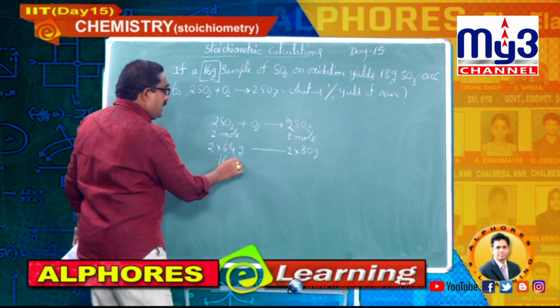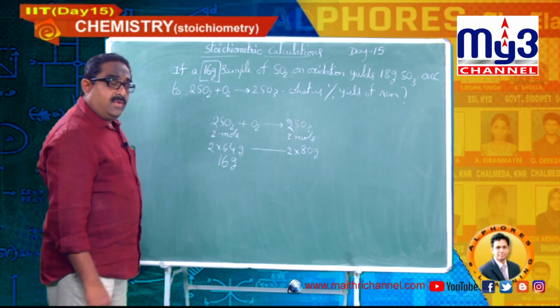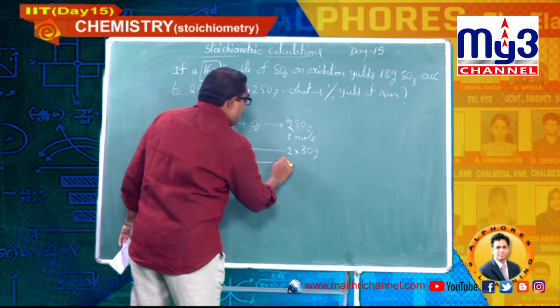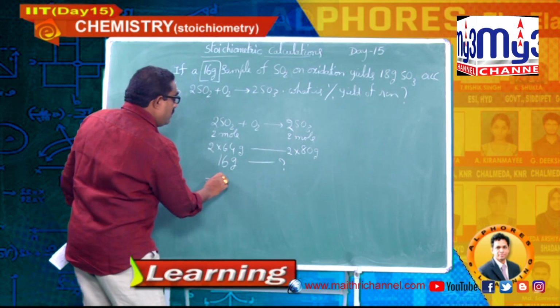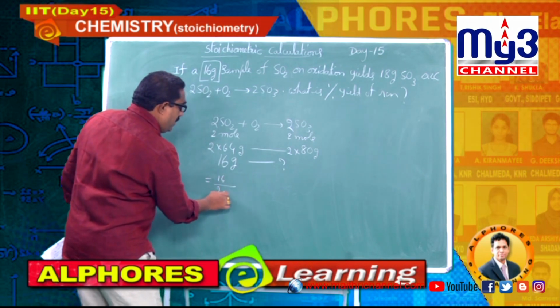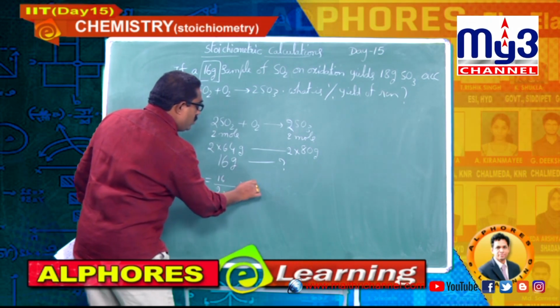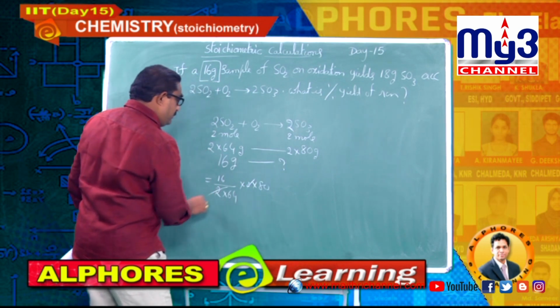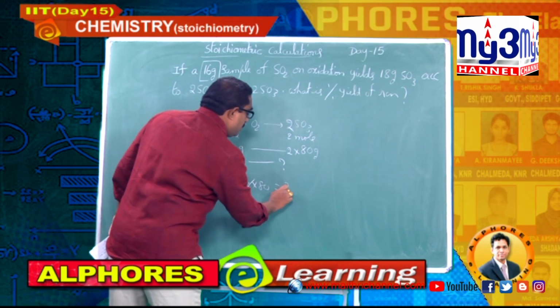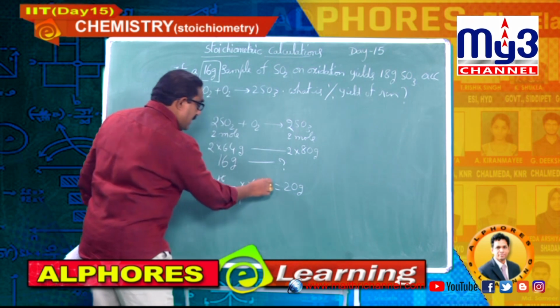So theoretical calculation I am doing. If you take 16 grams, what will be the weight of this? So 16 by 2 into 64 into 2 into 80. This is 4. So this is 20 grams finally.